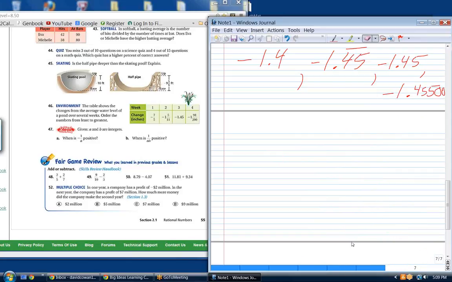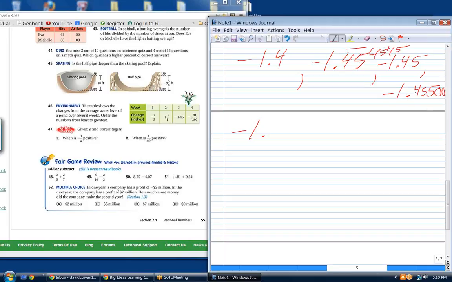Now let's rank these numbers. What's the far left number going to be? We're looking for the biggest. 0.45 repeating would be 454545.